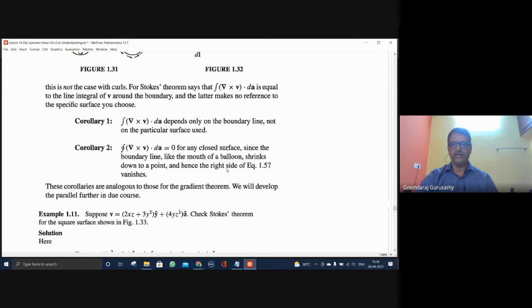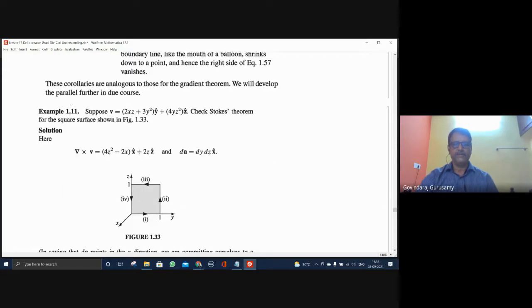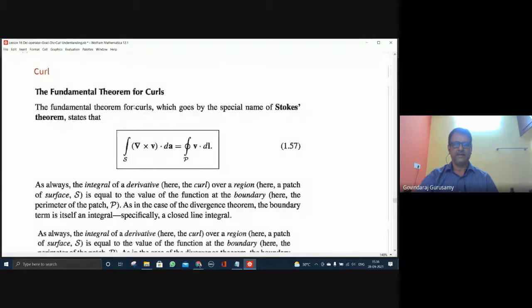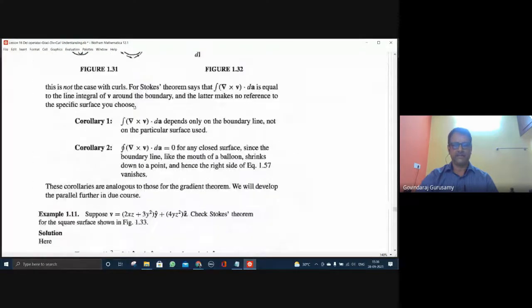Hence the right side of equation 1.57 vanishes because it's going to be a point, therefore that goes to 0. These corollaries are analogous to those of the gradient theorem. You will develop the parallel further in due course. This is the meaning of this fundamental theorem of the curl, and it's quite interesting to see that.